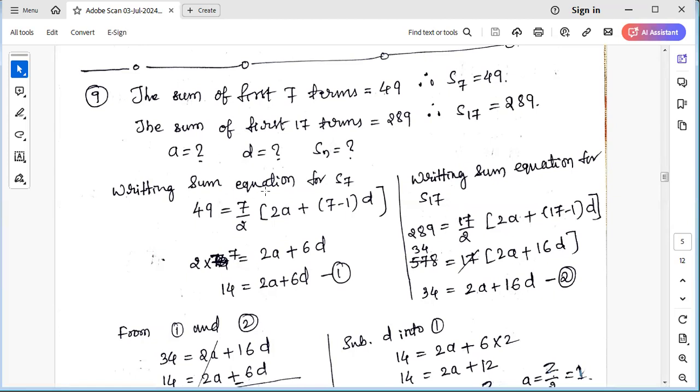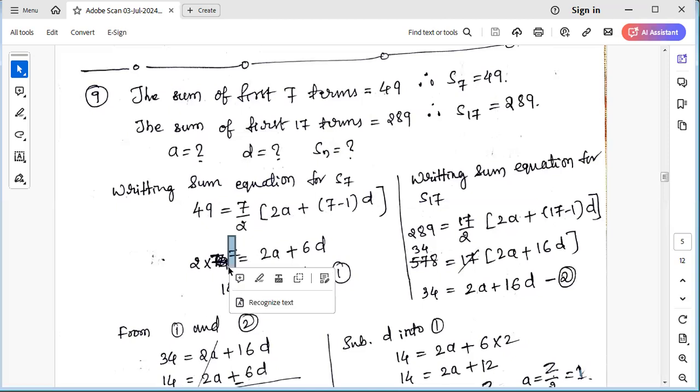So write the sum equation for S7, the sum of the first 7 terms. So 49 is equal to n by 2, that is 7 by 2, because for 7 terms, into 2a plus n minus 1 into d. n is 7, so 7 minus 1 into d.